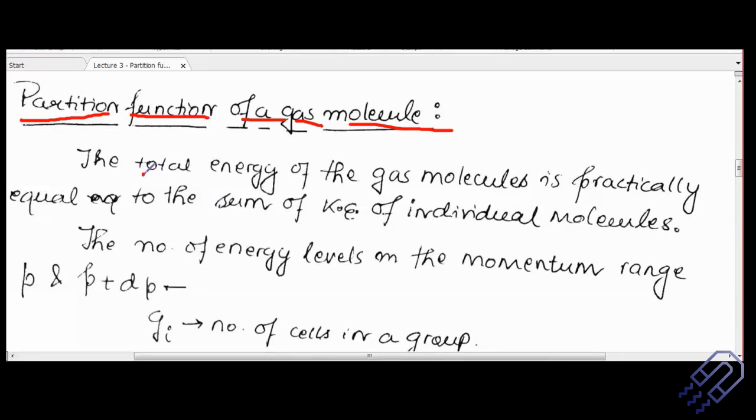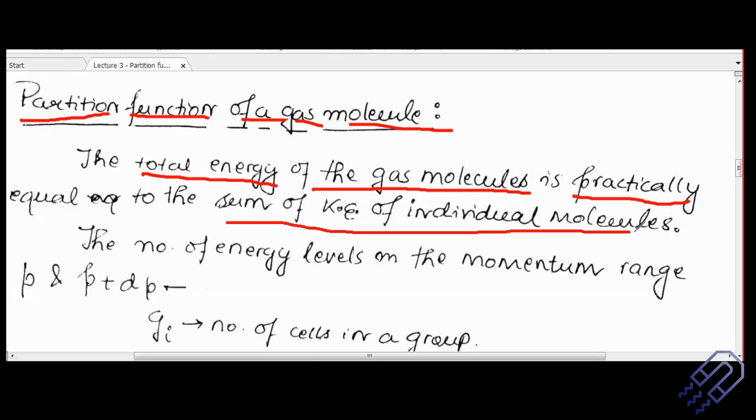So whenever I say total energy or the mechanical energy of the gas molecule, we are only talking about the sum of kinetic energy of individual molecules. If you look into the classical picture, things become slightly simpler, because if I talk about potential energy also, things will become more and more complicated.